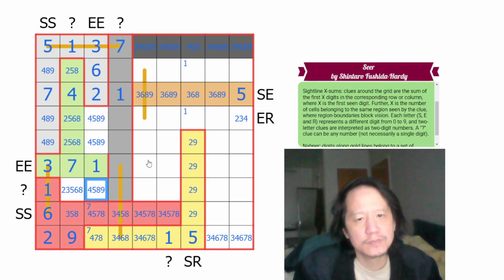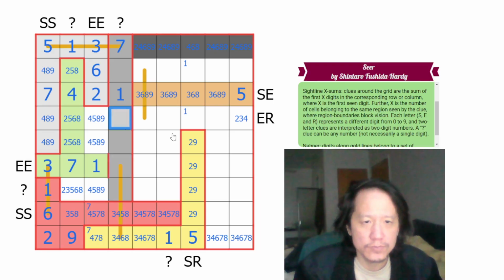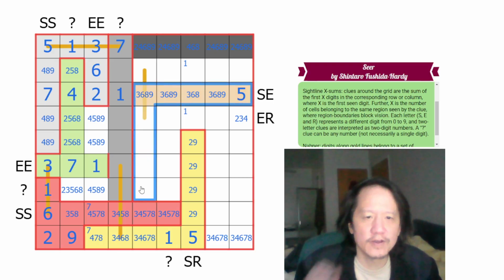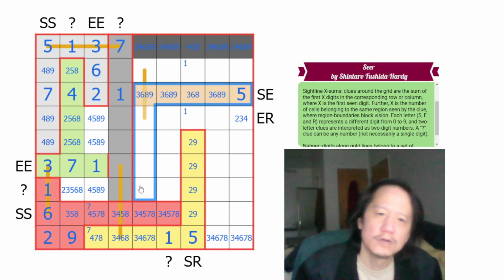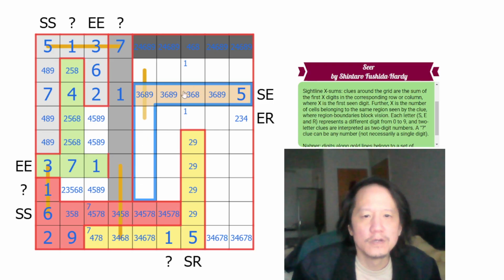Hmm. This could be 5 this way and another 5 there. Oh, it cannot be 5 there.